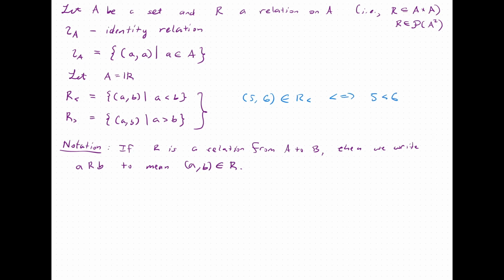And I want to be careful here, because technically if I write it as a set and define it less than, then it becomes a circular definition, because now the definition of less than is defined in terms of the inequality. And so I'm technically writing this as a set, but in practice we are viewing the relation less than as a relation. And so now when I write 5 is less than 6, we really mean 5 R_less 6.